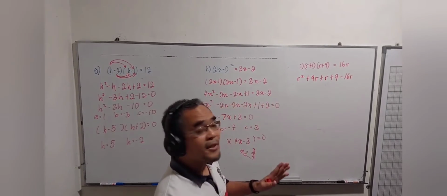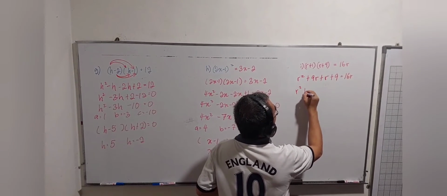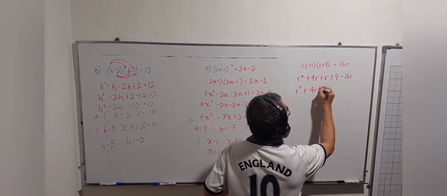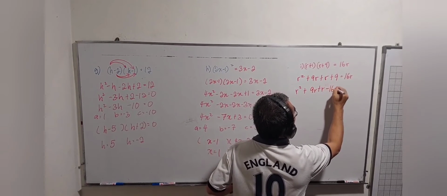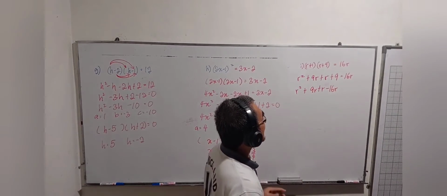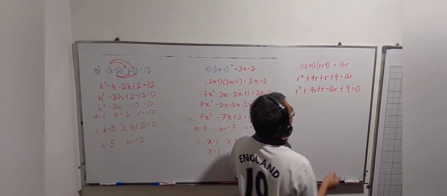Then I'll bring everything to the left side, combining like terms: 9r plus r minus 16r. Those with r, you combine together. Then plus 9 equals 0.